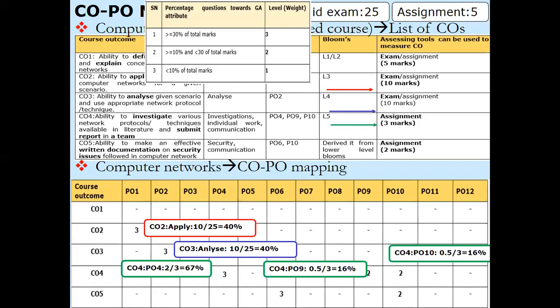They have to refer to 10 to 15 to 20 research papers, then come to one conclusion, then submit their report. When you do investigation, it is PO4. As a team, it is PO9. Submitting the report is PO10. That's all.